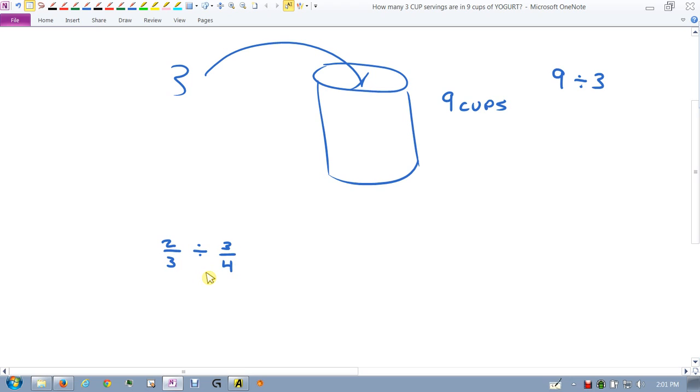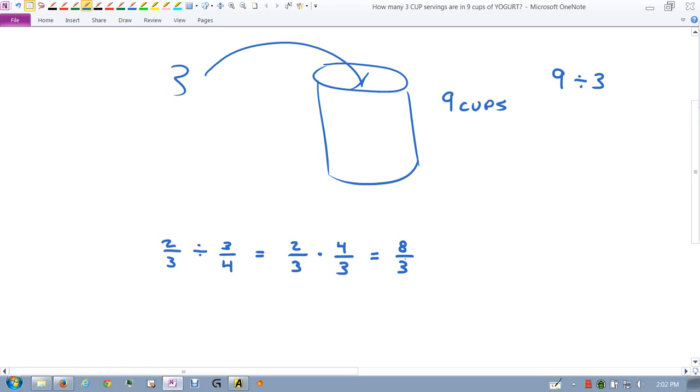When we do division of 2 fractions, we convert first to multiplication. So 2/3 times 4/3, right? We flip the second fraction over. And then you can multiply straight across if there's no canceling that takes place. So what happens here? 8/3?